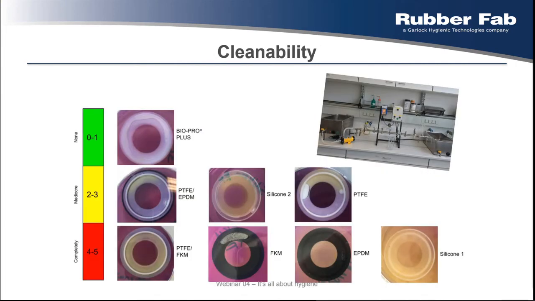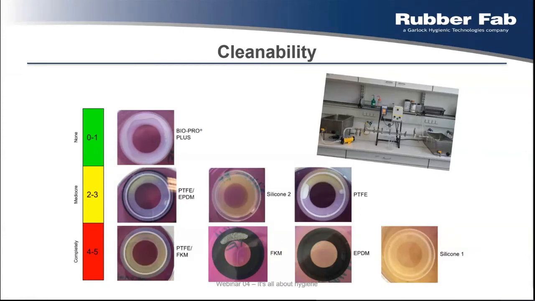So what if there's a gasket that doesn't show any contamination after cleaning-in-place processes? We have tested this for our BioPro Plus product. What you can see here is a number of different gasketing materials, and they all went through the same process.